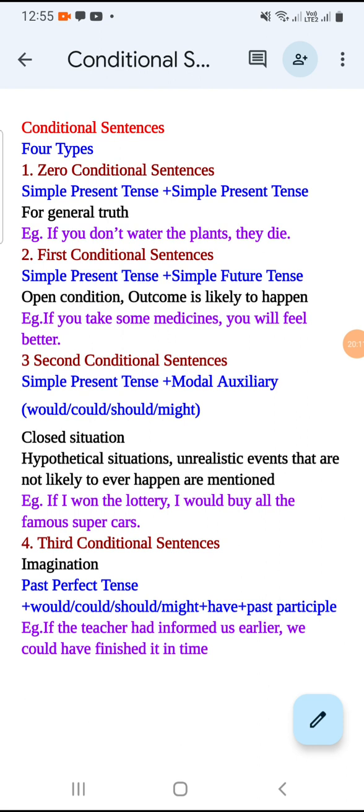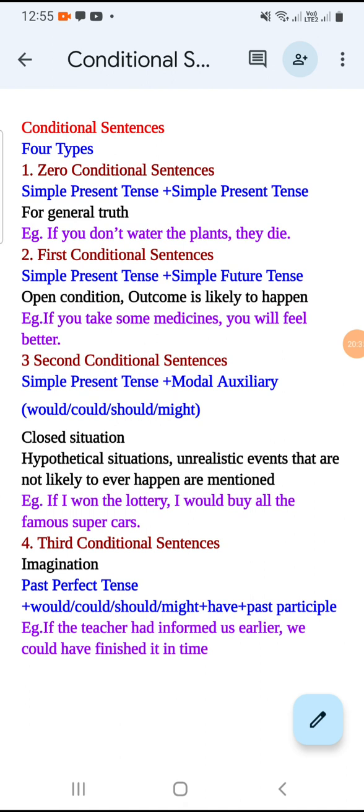It's not simple present tense, so please make it correct. That's a simple past tense. Won. If I won the lottery, not win the lottery. If I won the lottery, that's a simple past tense. And modal auxiliary, that is would, could, should, or might, right? So please make it correct, right?